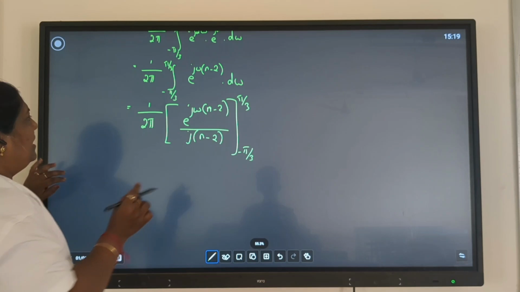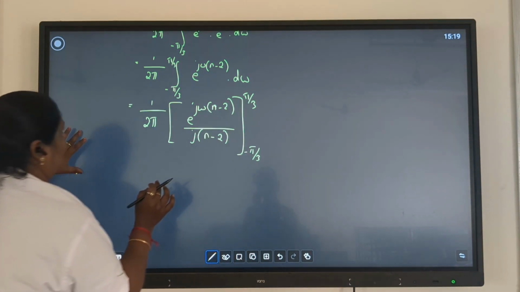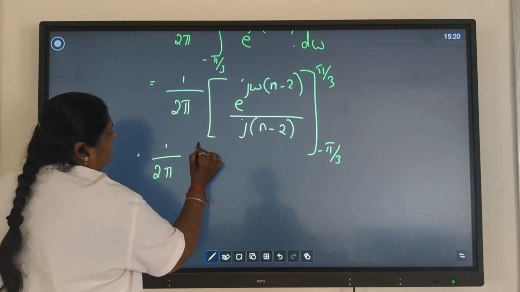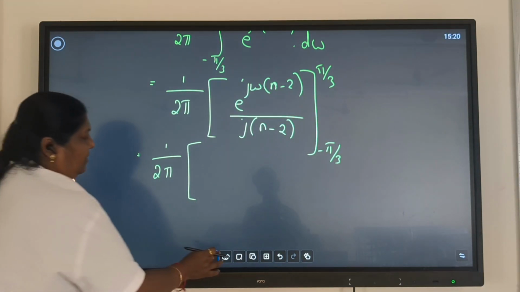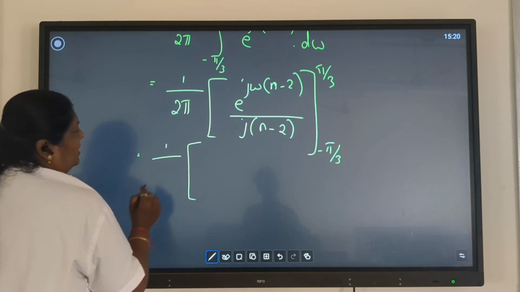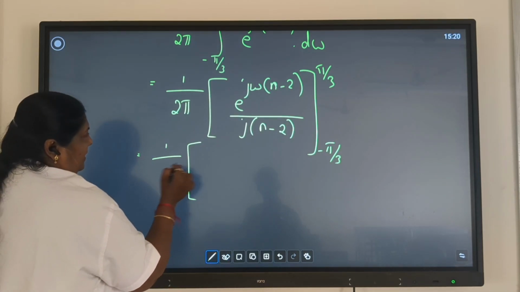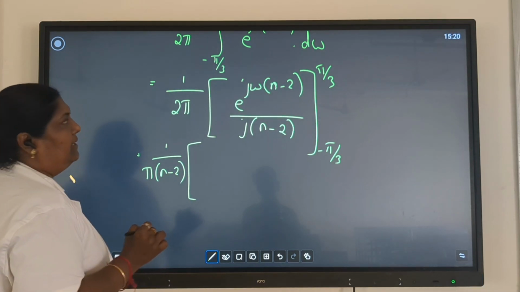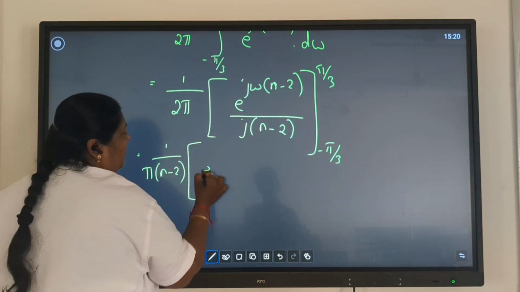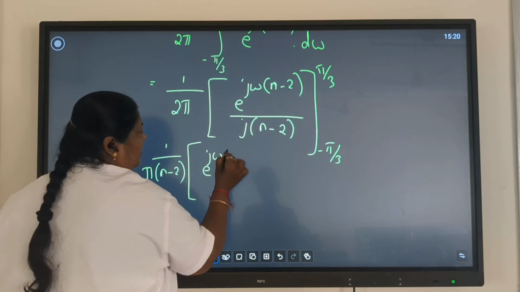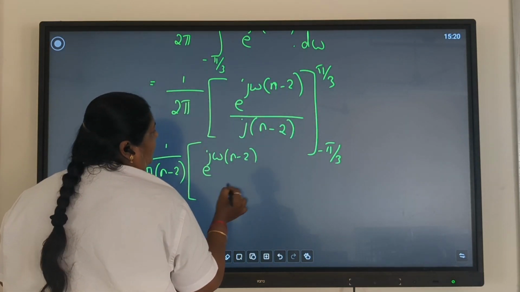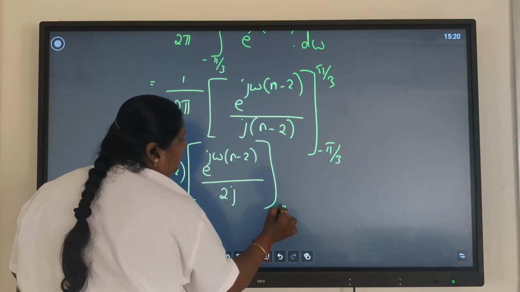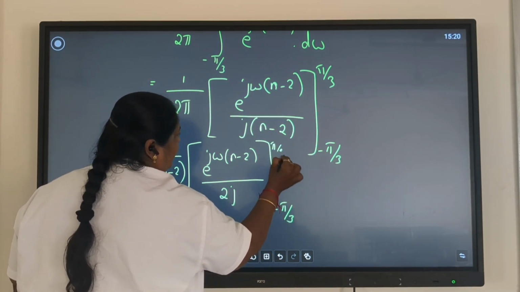Further, I can substitute the value, that is 1 by 2 pi. I can do a small modification: I can bring this pi into n minus 2 outside and I can bring this 2 inside. So e power j omega into n minus 2 divided by 2j, from minus pi by 3 to plus pi by 3.